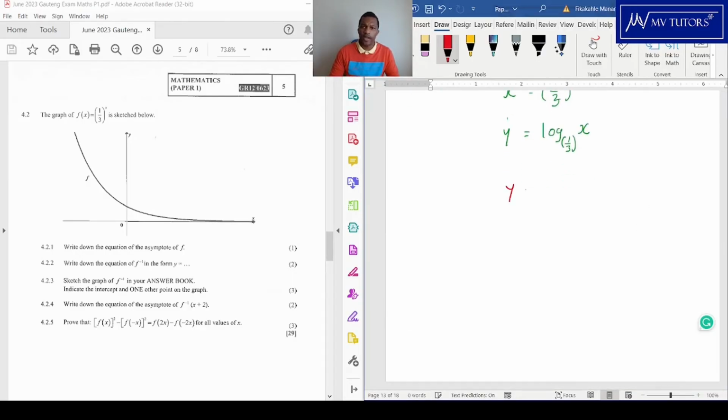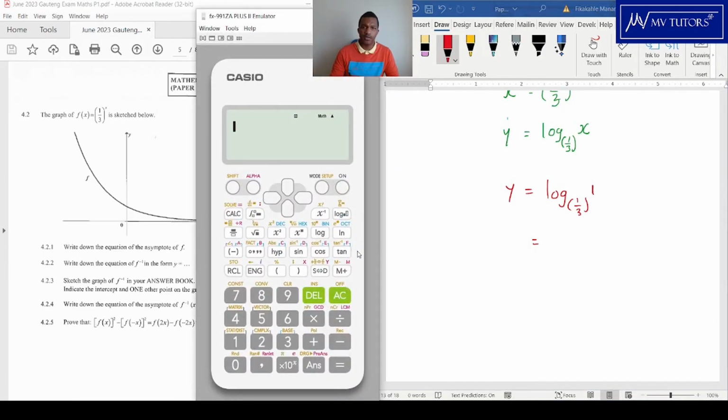If we say y is equal to log base a third of 1, let's get our calculator and see what that gives us. We go log, that's the log we want there, so that we can put a third there. Let's put our fraction 1 over 3, and then we go upstairs and put 1 there. Okay, y is 0.